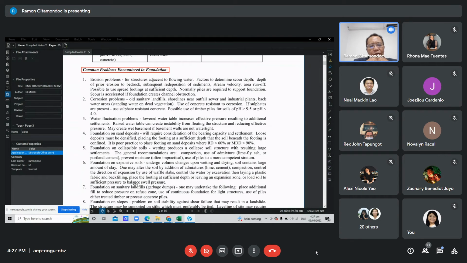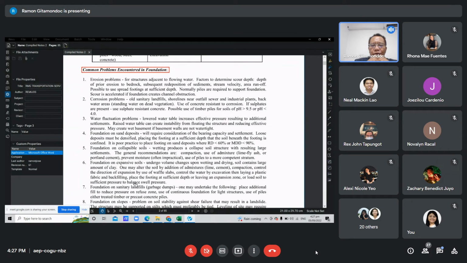Then we have also foundation on collapsible soil. There are certain types of soil structure where if it is wet, it becomes weak, so it easily collapses, resulting into large settlement. General recommendations are the following.